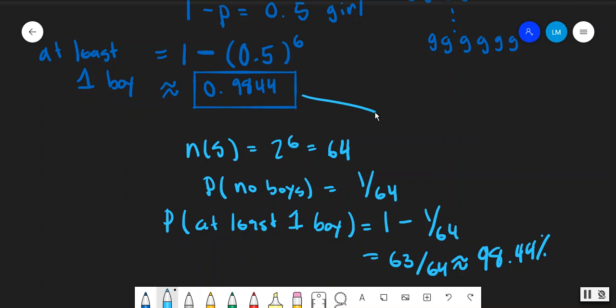So it's the same thing if we do it this way. It's really just preference.